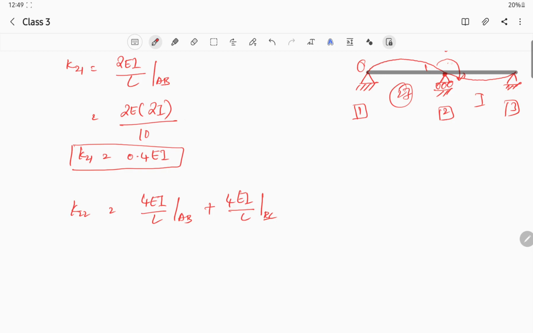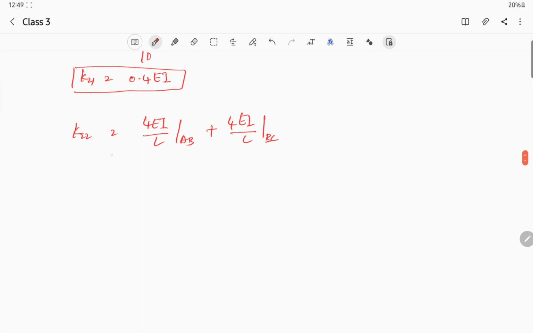Since I'm rotating at this location, I'll take 4EI by L. This is the far end, that is why we take 2EI by L for the other. So we'll write here 4E times I, which is 2I for span AB, divided by 10, plus 4E times I for span BC.